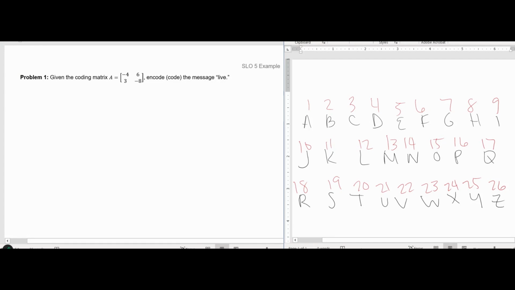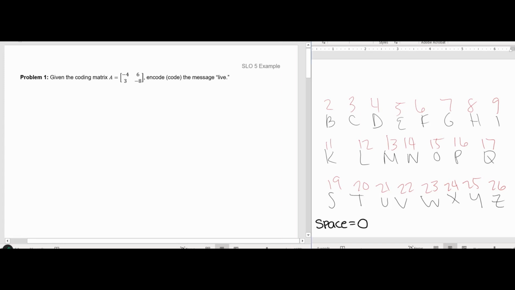You should have written out the alphabet on a post-it or a note card or your notes and labeled everything 1 to 26 with space being 0. I have mine here because I don't like having to go back through it all the time and rewrite, but we're going to use that for our coding.